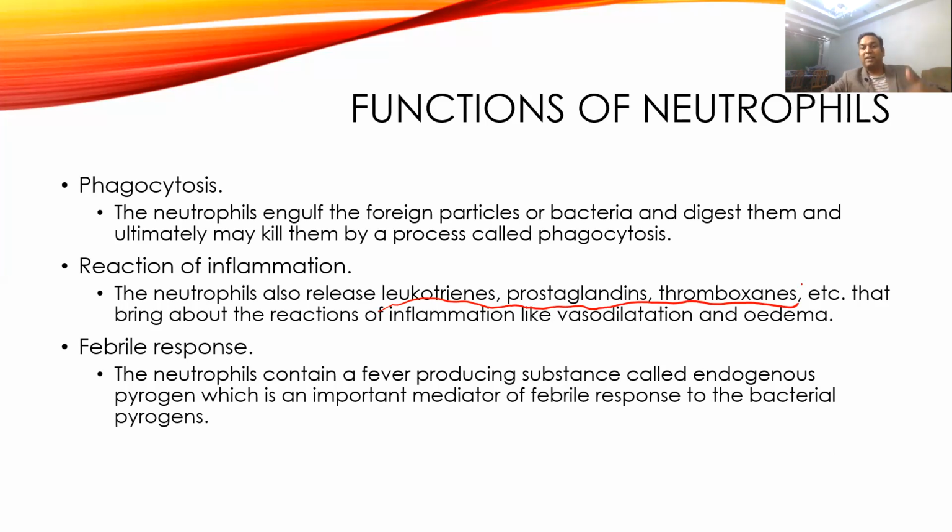The advantage of vasodilation is it will increase blood flow to the site. Second, it increases capillary permeability, and that allows more chemical substances to be released from the blood into the interstitial spaces, and that will create fluid accumulation at the site of inflammation, called edema.